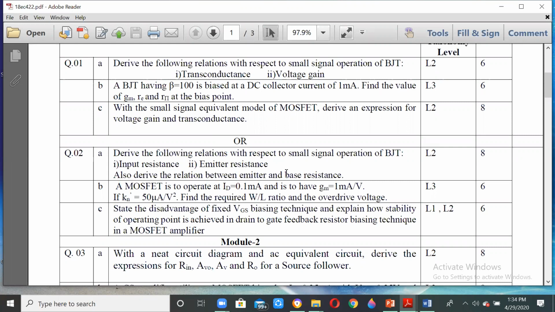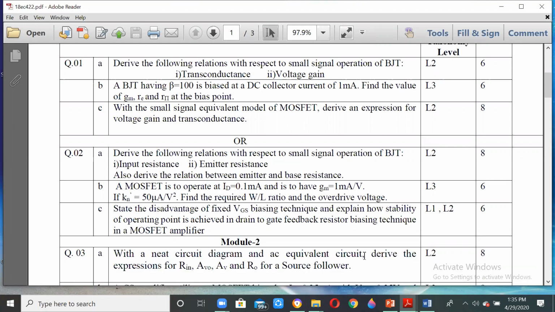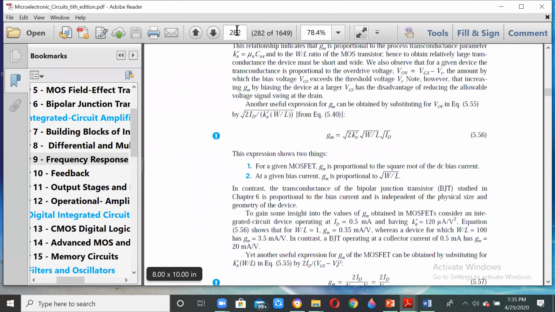So it's again the same point, 6.5.2, 6.5.3, pages 406 and 407.